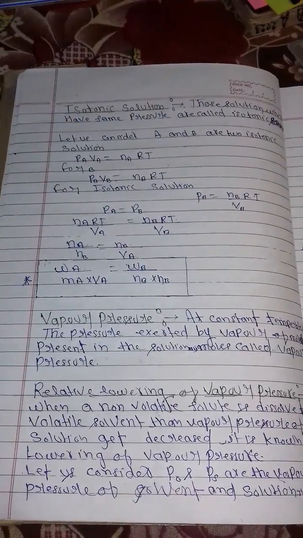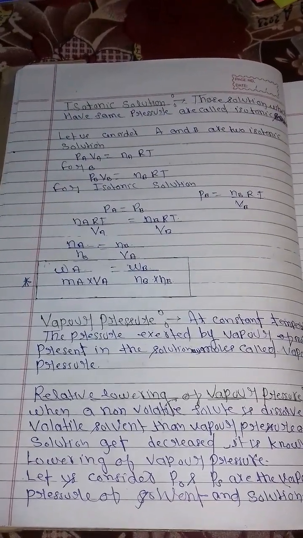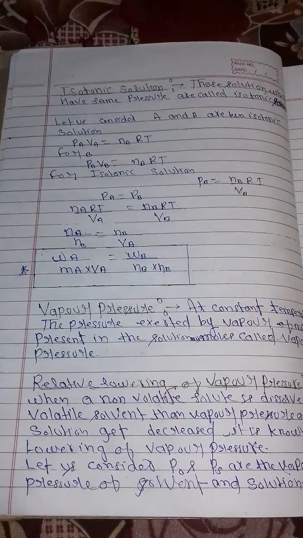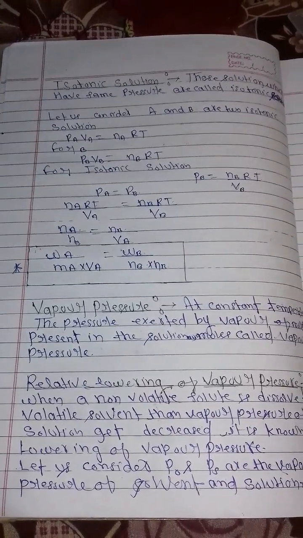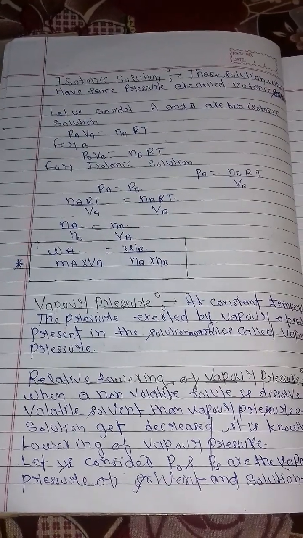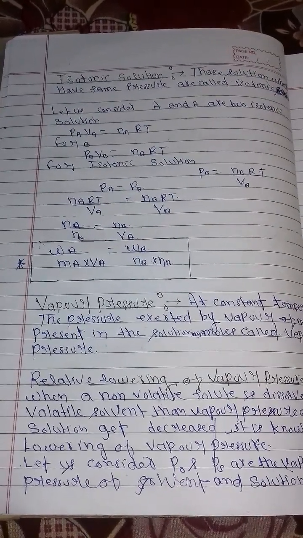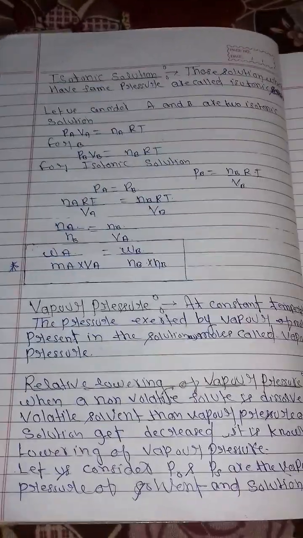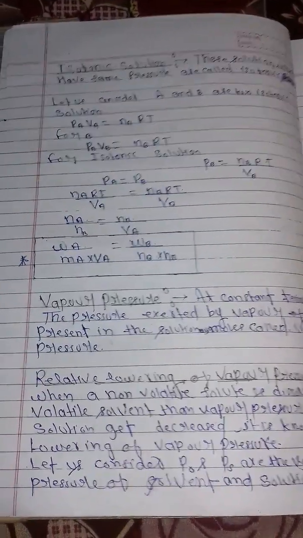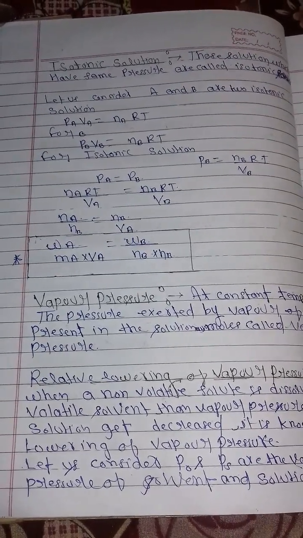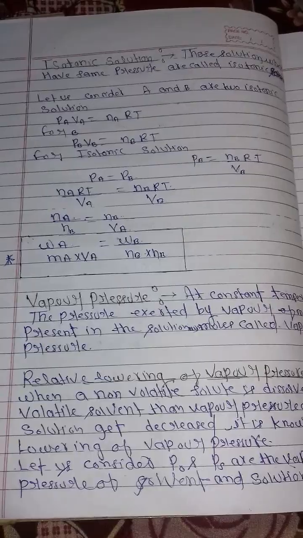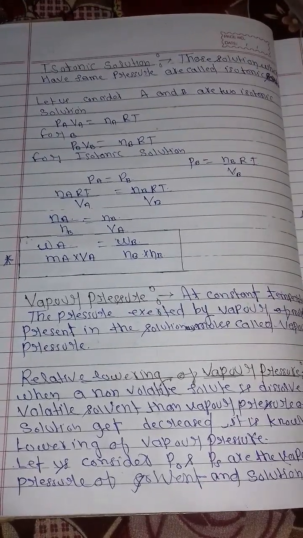Pi of A, V of A equals n of A RT, and like this pi of B, V of B equals n of B RT. For isotonic solutions pi of A equals pi of B, so n of A RT upon V of A equals n of B RT upon V of B, and by this we can prove W of A upon M of A into V of A equals W of B upon M of B into V of B.